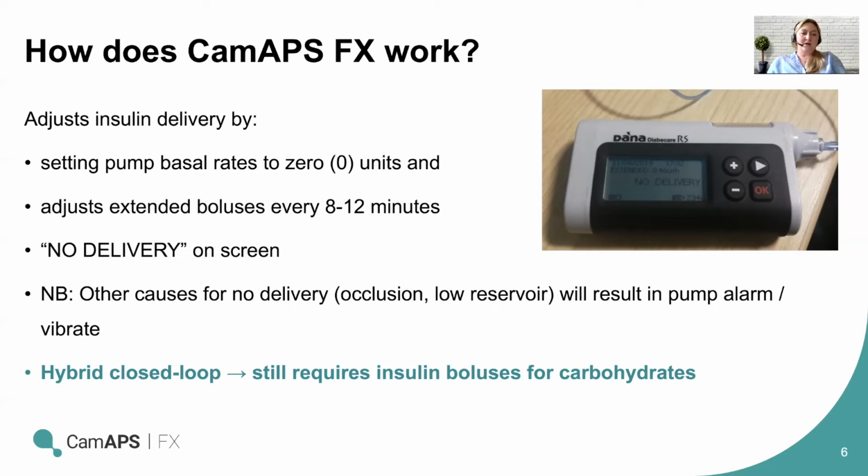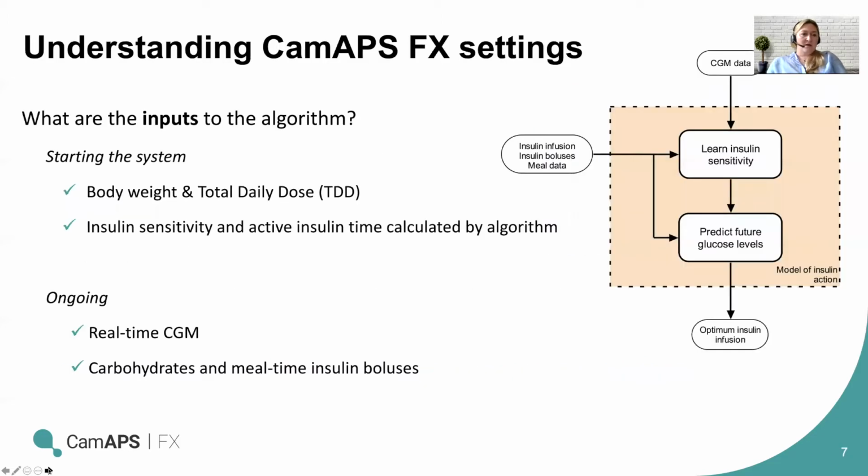The reason it's hybrid closed loop is because it still requires insulin boluses for carbohydrate. We currently just haven't got fast enough acting insulin yet to allow it to be a fully closed loop. Thanks, Candice. And just in terms of which settings make a difference, to start the system, all it requires is the body weight and total daily dose.